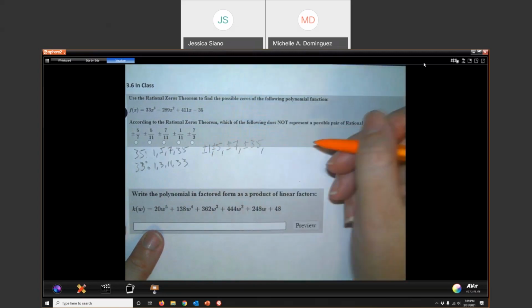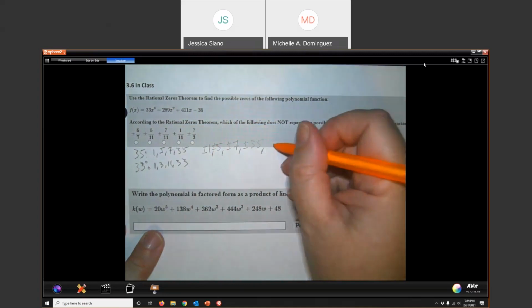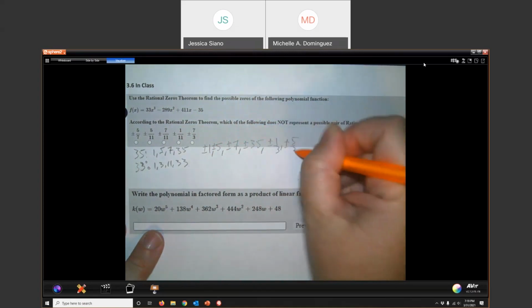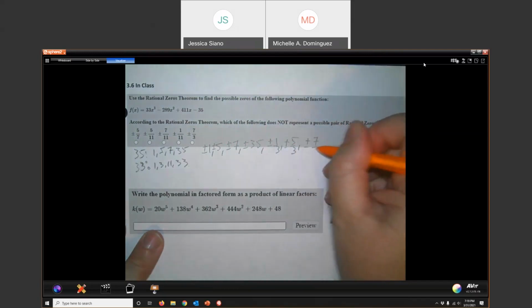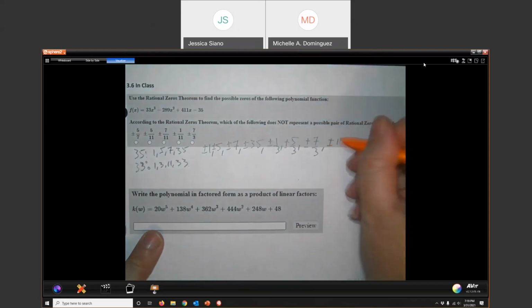35 over 1. Then 1 over 3, 5 over 3, 7 over 3, 35 over 3.